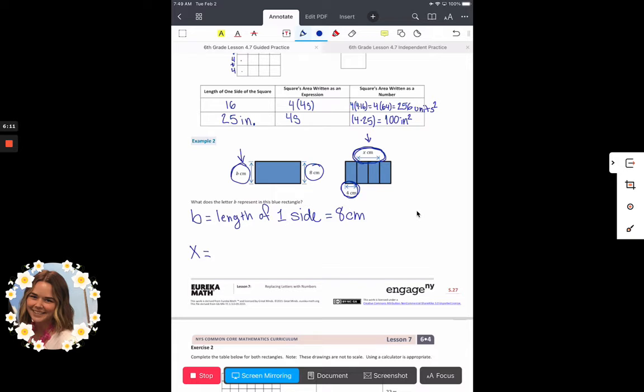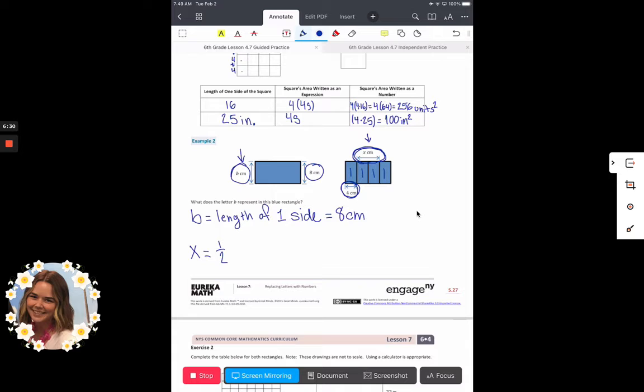We could say that X is the side of 2 rectangles. We could say that X is equal to half the side of a rectangle, right? Because this rectangle has 1, 2, 3, 4 pieces, and X is 2 of them.